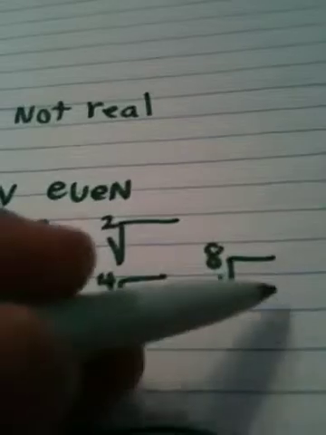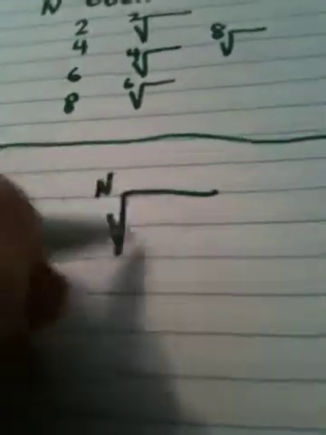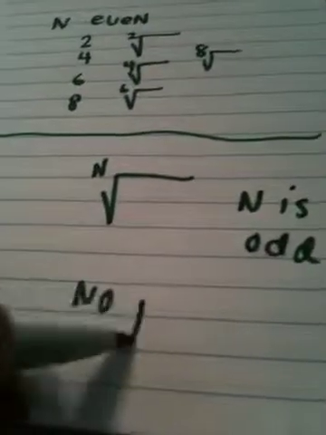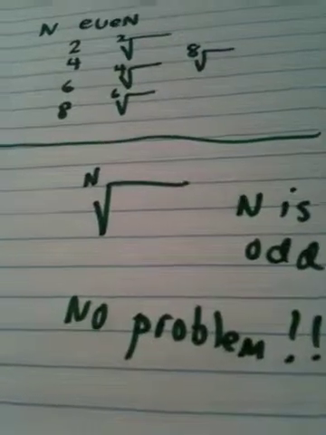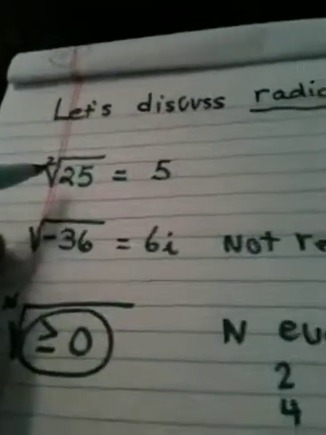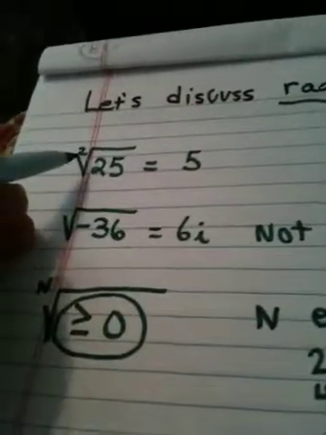Those are the times that you have to be careful what goes under the radical. When the index is odd, when I'm taking the nth root of a number and n is odd, no problem. I'm going to get an answer that's a real number automatically. But that is not true if the index is even.